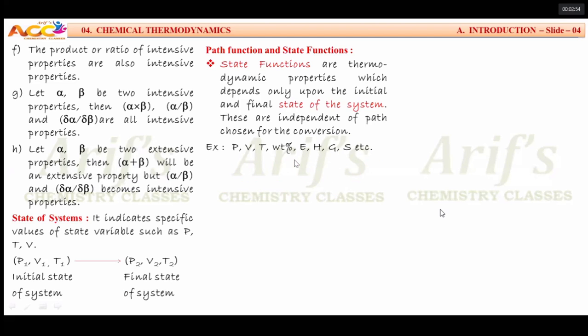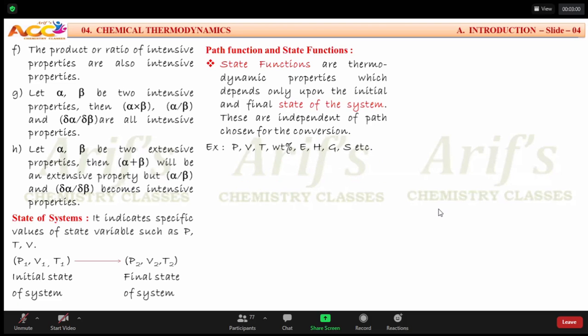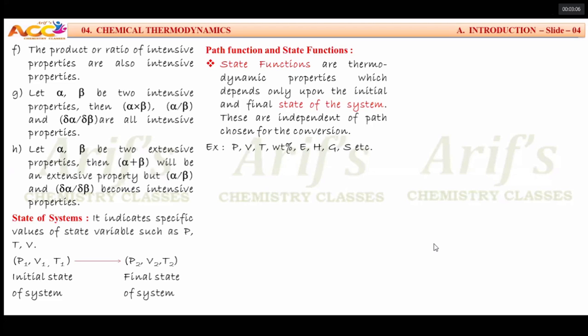Now, suppose you are saying state function depends upon the initial and final state. Consider a cyclic process. What is the meaning of cyclic process? Cyclic process means a process where we start with P1, V1, T1, go somewhere, and come back again to P1, V1, T1.